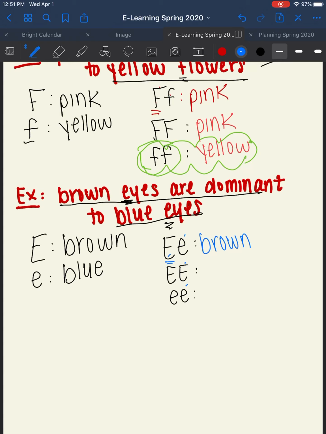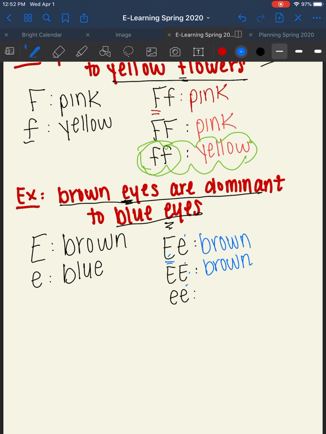Okay, the second situation, the one that is homozygous dominant, big E, big E. Since it has both dominant alleles, the dominant trait is going to be expressed. So this one is also going to have brown eyes.